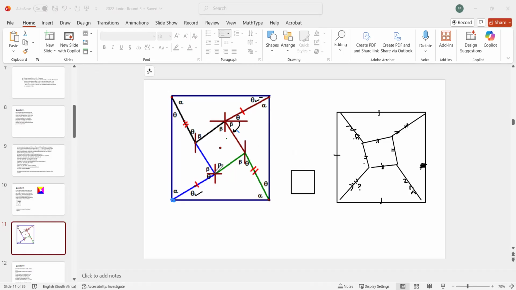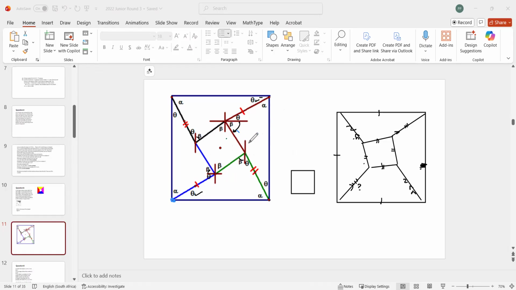This horizontal line is rotated through the same angle. There's your beta here. And this horizontal line, all in a clockwise direction. So you can see these four are all betas.